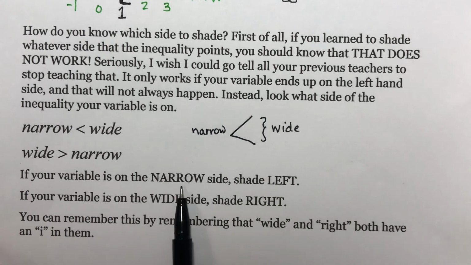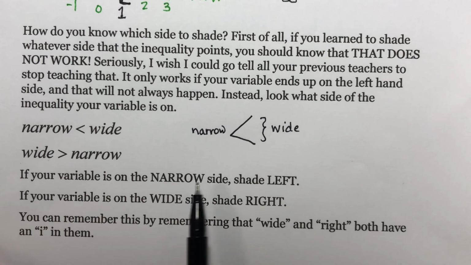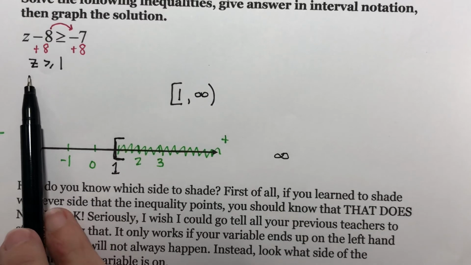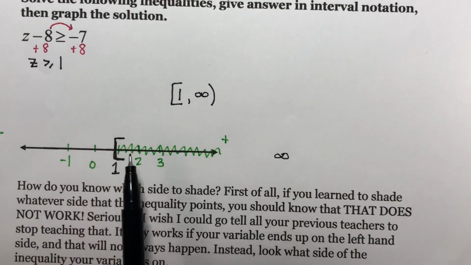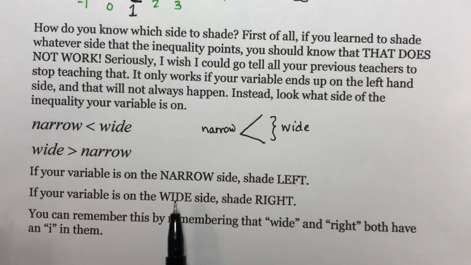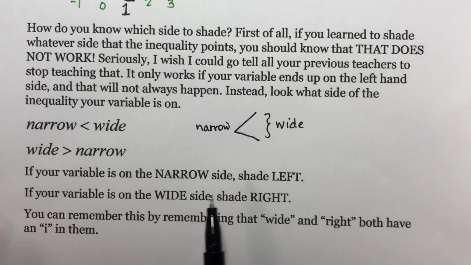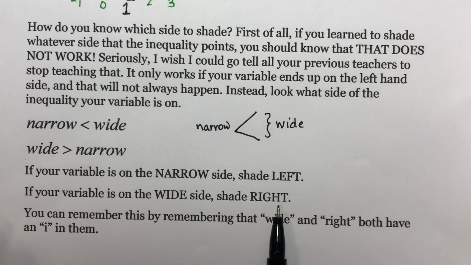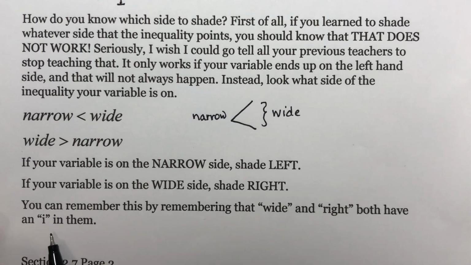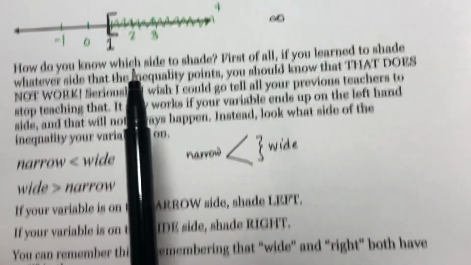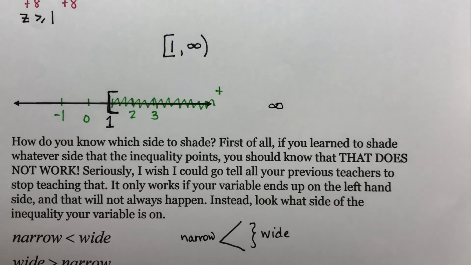If your variable is on the narrow side, you're going to shade to the left of it. Here, my variable is not on the narrow side. It's on the wide side of the sign. So I shaded to the right. Narrow goes left, wide goes right. You can remember this because wide and right both have an I in them. So they go together. The narrow will go to the left, or plug in numbers, whichever way works for you.